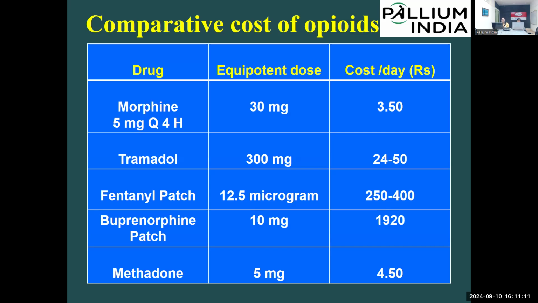Morphine 5 milligram 4 hourly costs 3 rupees 50 paise per day. The equipotent dose of tramadol is around 24 to 50 rupees, fentanyl patch is 250 to 400 rupees per day, buprenorphine patch is 1,920, and methadone is 4 rupees 50 paise. So this will give you just an idea.